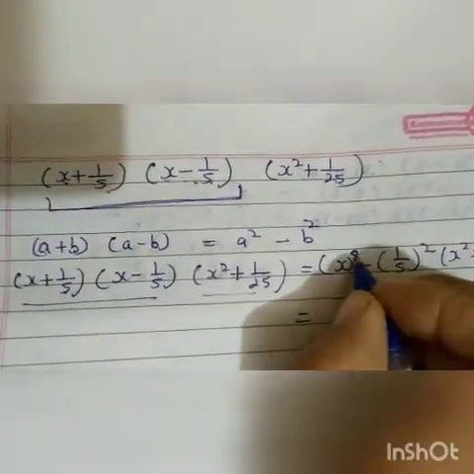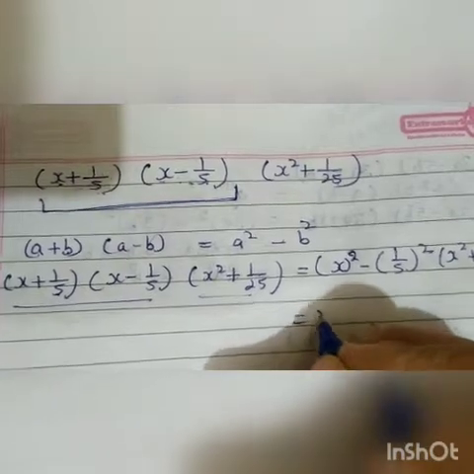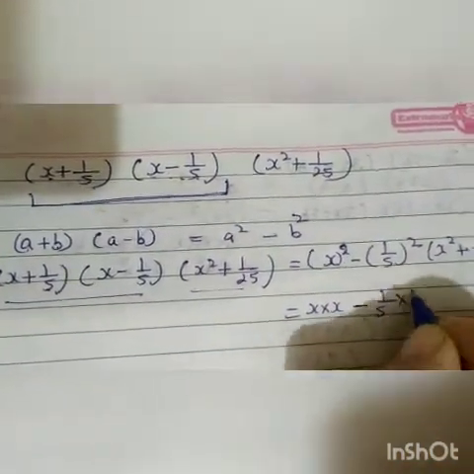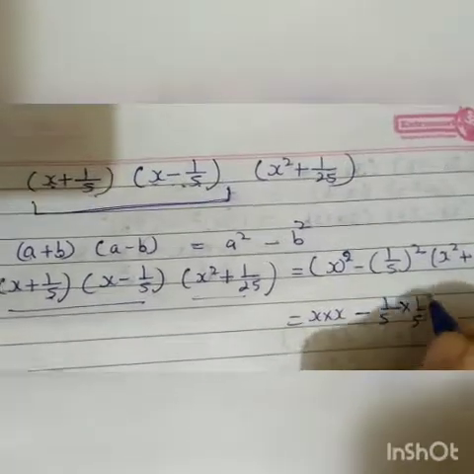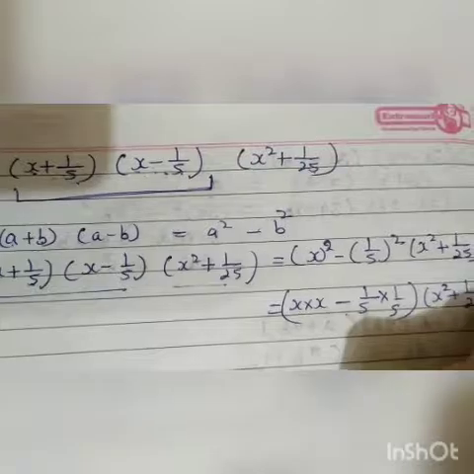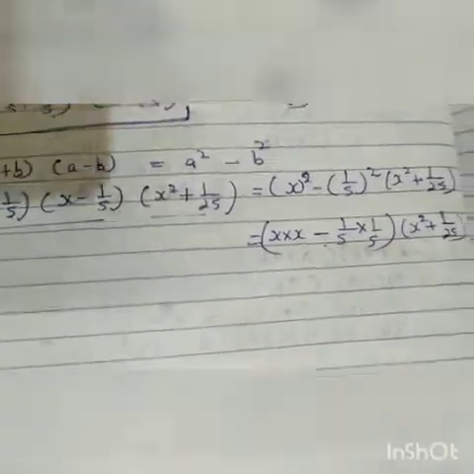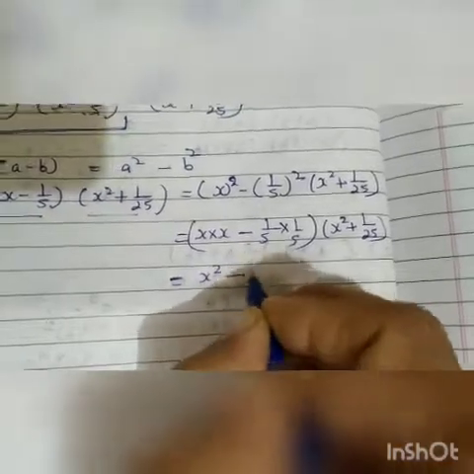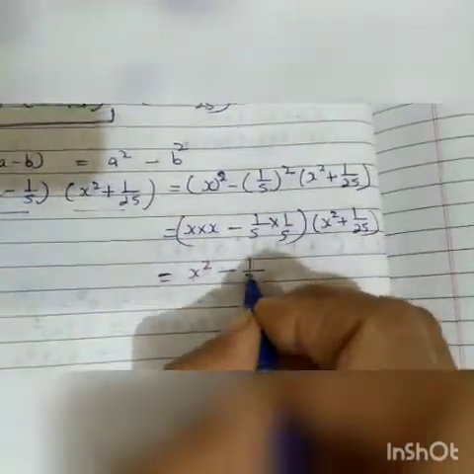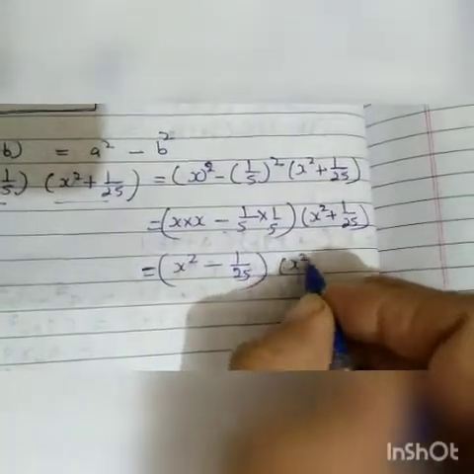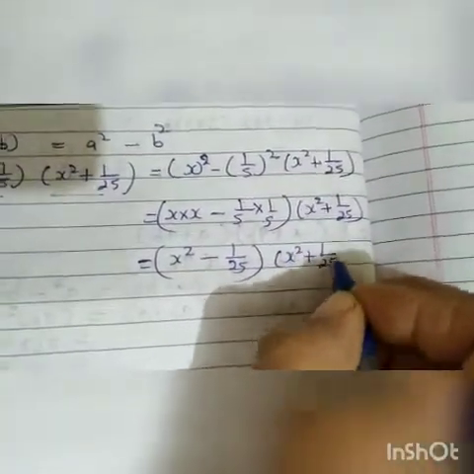Now it will be the square of x, x into x, minus 1 upon 5 into 1 upon 5, and then x square plus 1 upon 25. Now it will be x square minus 1 upon 25, and this one is x square plus 1 upon 25.